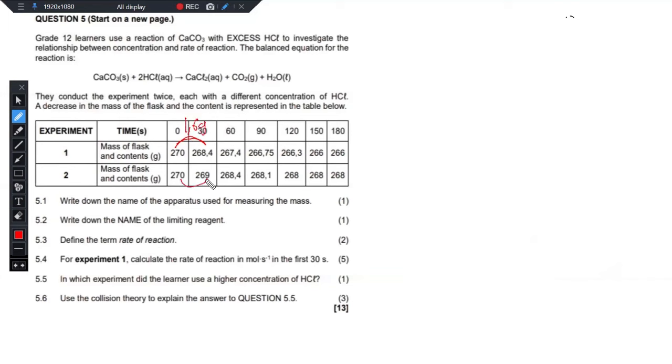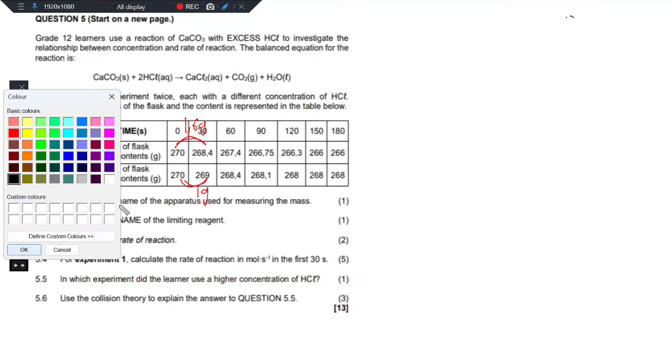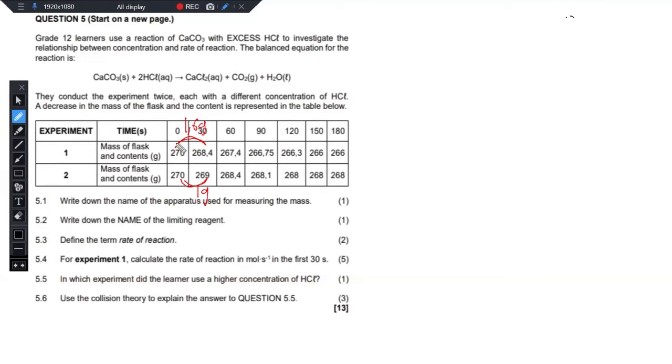But then here, within the first 30 seconds, only 1 gram had disappeared, right? So obviously, because here we are observing a higher reaction rate, there's more of the carbon dioxide gas that escapes the reaction vessel within a short period of time compared to experiment number 2.